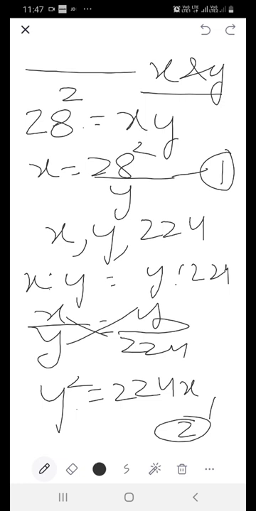Now you are going to substitute the value of x from first in second. So when you are going to substitute the value of x, what will you get?